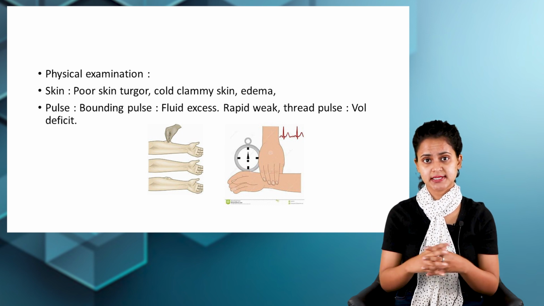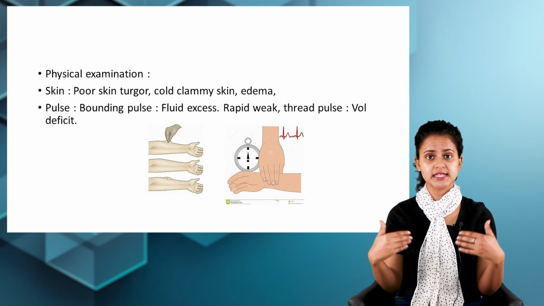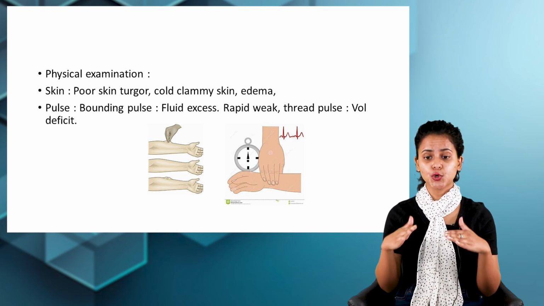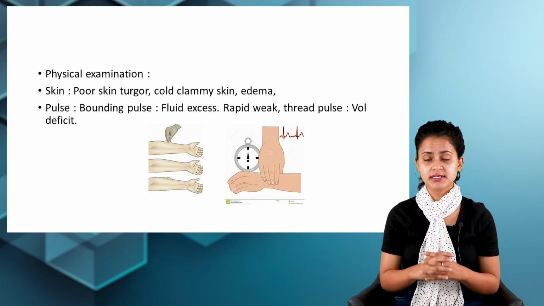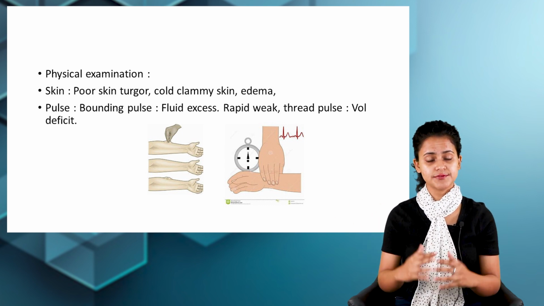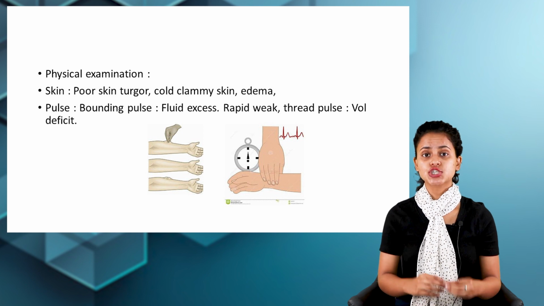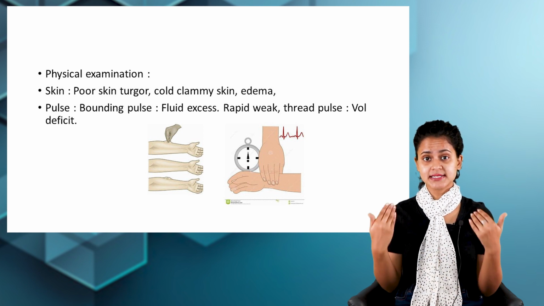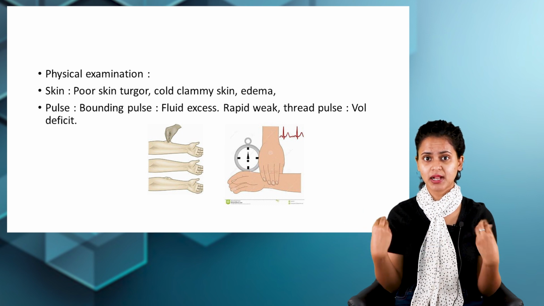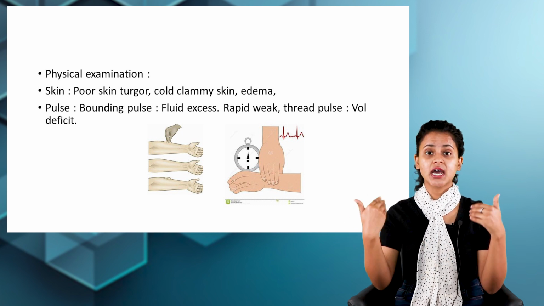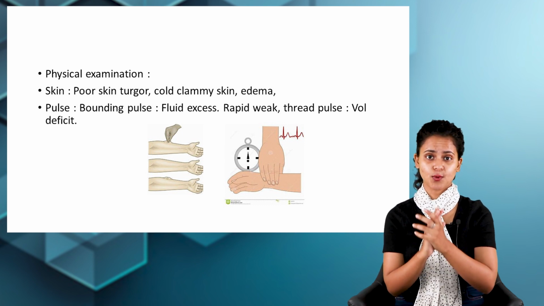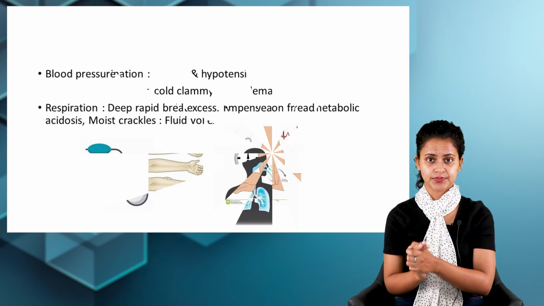It basically suggests that the person has fluid excess. In case of a rapid, weak, and thready pulse, we can identify that fluid volume deficit is present for the client. That is how, by understanding which type of changes are present in the pulse reading, we can conclude whether a person has a fluid volume excess or a deficit.